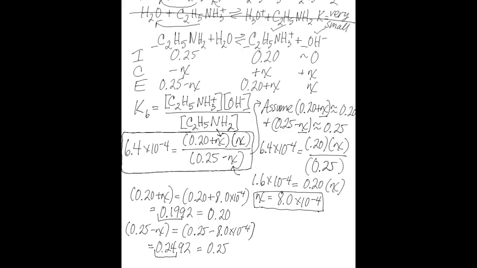So we can go back and find the concentrations in our ICE table. We know that the equilibrium concentration of the hydroxide ion is equal to x according to our ICE table. So we know that the concentration of hydroxide is 8.0 times 10 to the negative 4 molar. So there's one of those concentrations we were looking for.